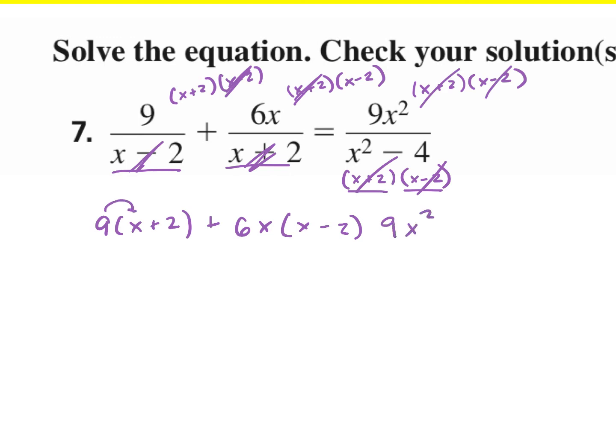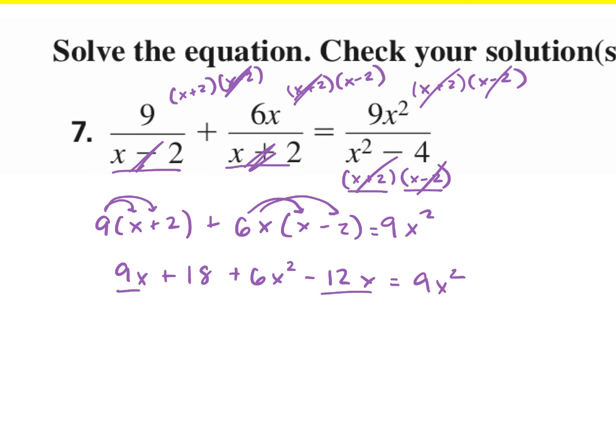Then we want to multiply this out and multiply this out. So 9x plus 18 plus 6x squared minus 12x is equal to 9x squared. So I'm going to move the 9x squared to the other side and combine some like terms. 9x minus 12x is negative 3x.